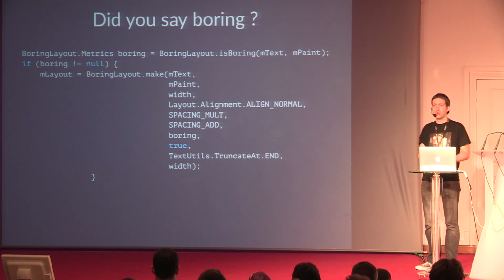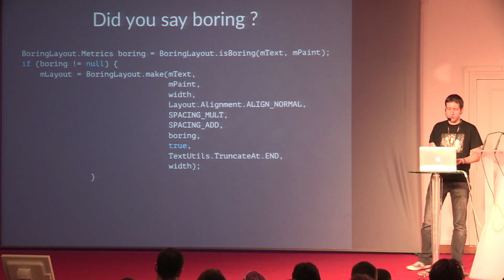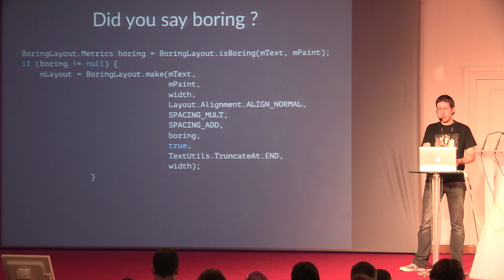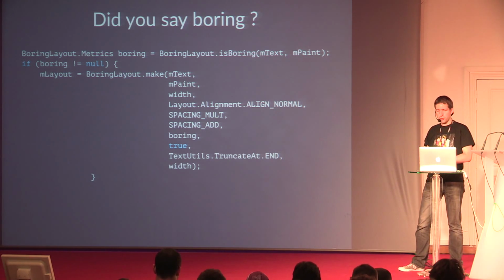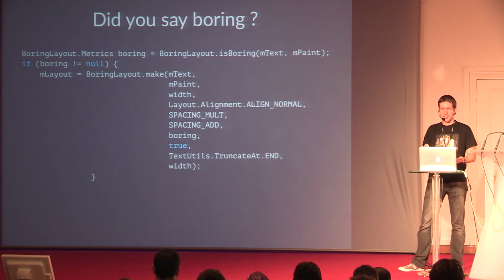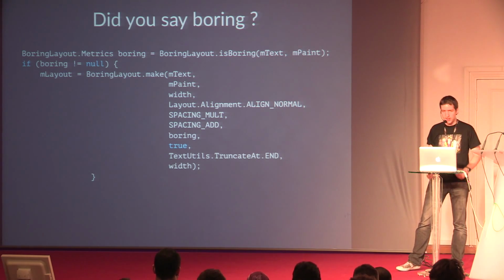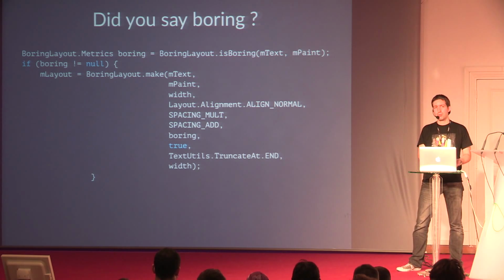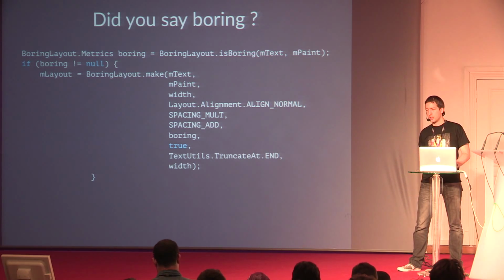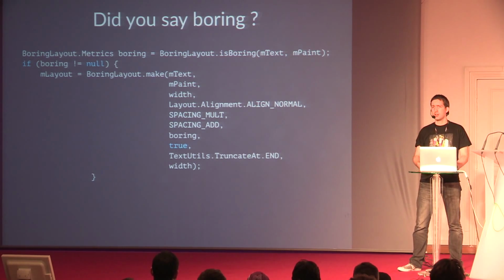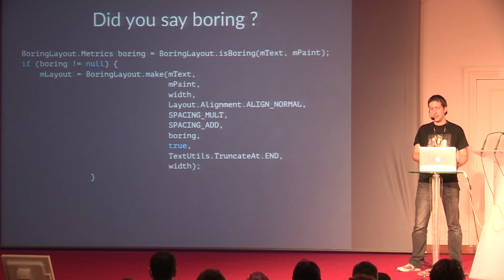So in order to use it, you need to call a util method, again provided by the platform, with the text you want to display and the paint you want to use, and ask it: is it boring? For the platform, boring means a simple draw operation. So you don't have right to left, you don't have spans, it is only one line, you are not going to do anything fancy.